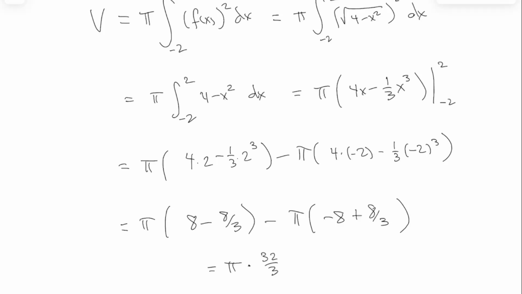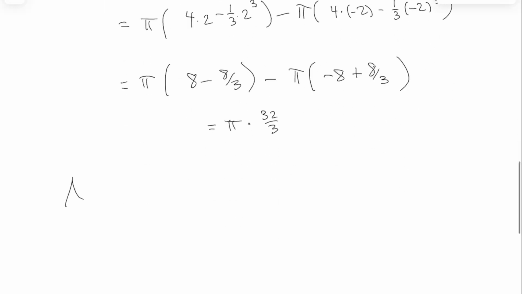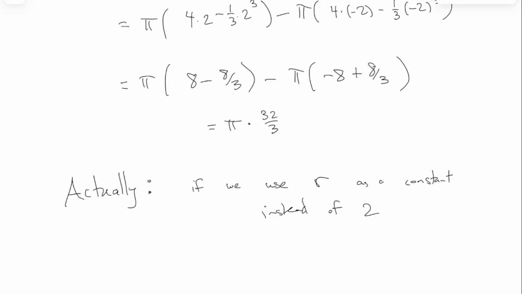I don't think we need to go through the whole thing, but actually, you can try this. Try this at home if you're into it. If we use r as a variable, as a constant, instead of 2 in that problem.